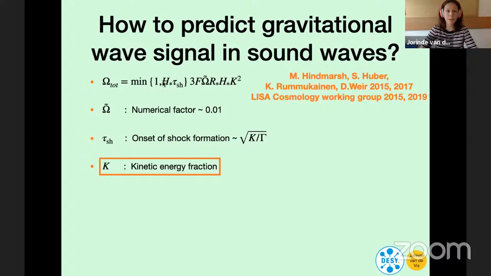In the prefactor, there is the time of shock formation, which can be roughly approximated by K divided by gamma, where gamma is the adiabatic index, and it depends on your equation of state. So what is left now is K, the kinetic energy fraction, and that's the topic of this talk.